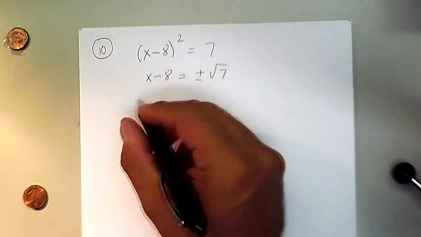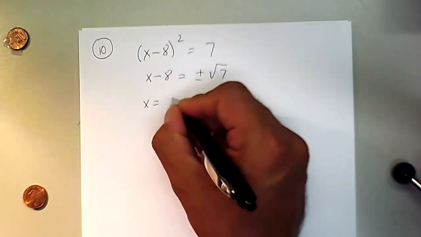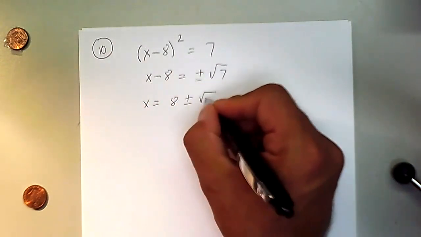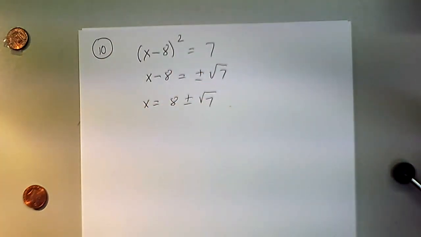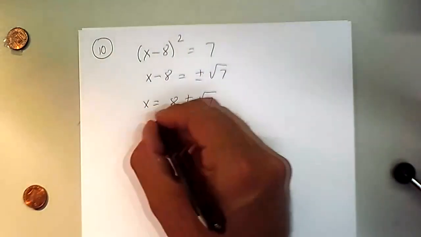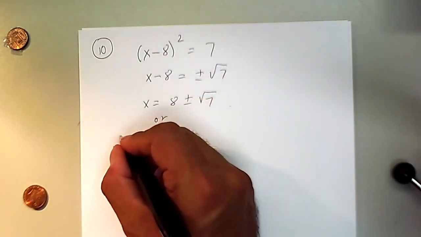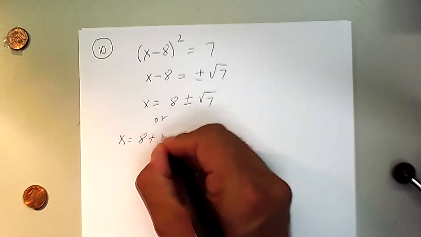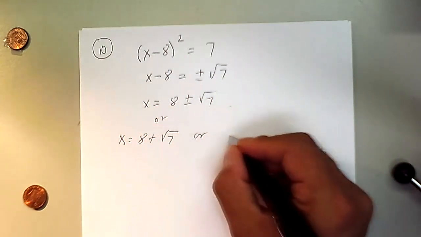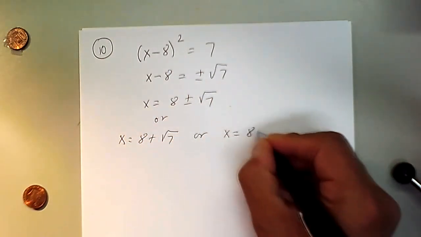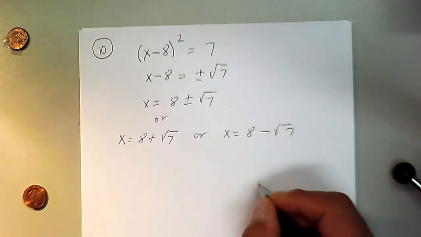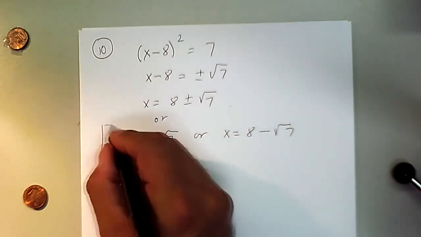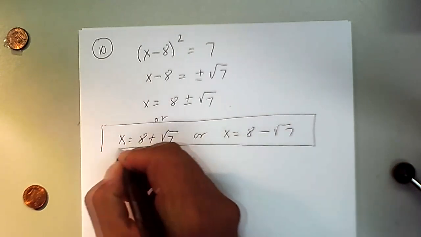Add the 8, just as we did in the previous example. x equals 8 plus or minus the square root of 7. So the two solutions are 8 plus the square root of 7, or 8 minus the square root of 7. And that we cannot combine. We have to leave them the way they are.